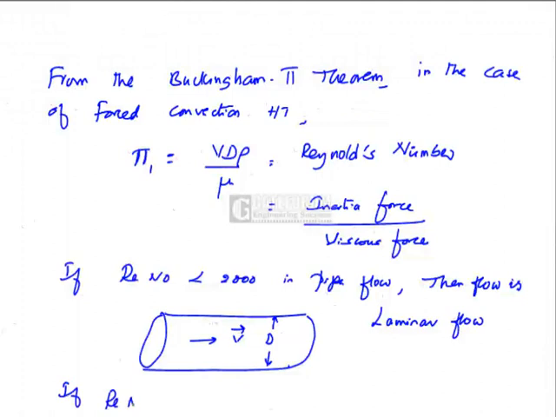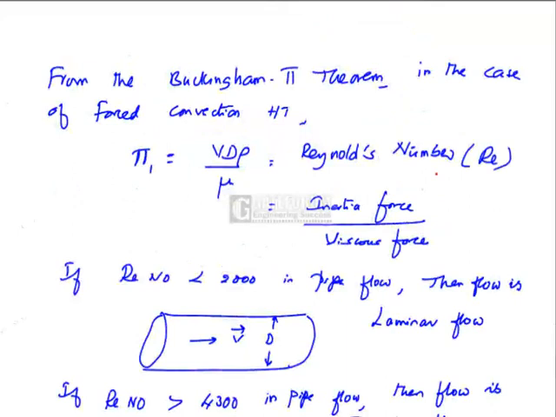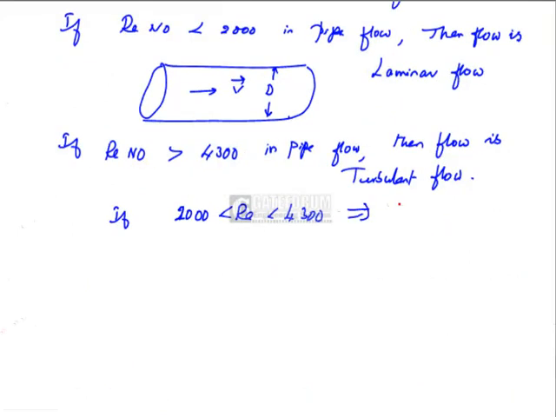If Reynolds number is greater than 4300 in pipe flow, then flow is turbulent flow. If 2000 less than Re, Reynolds number (Re is abbreviation of Reynolds number), less than 4300, it means flow is in transition.